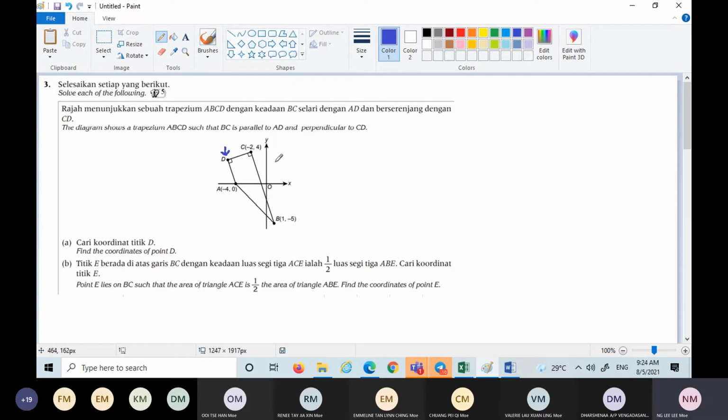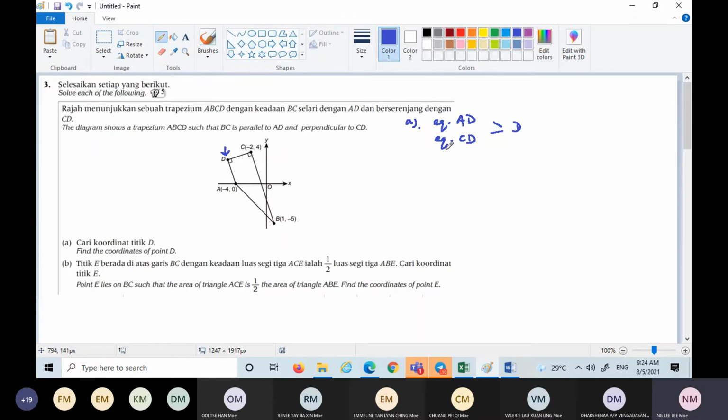You see this point is an intersecting point between AD, this line, and CD, this line. If you are able to find the equation of the AD, this is part A, and then also find the equation of the CD, and then solve simultaneously, you will get the point D.